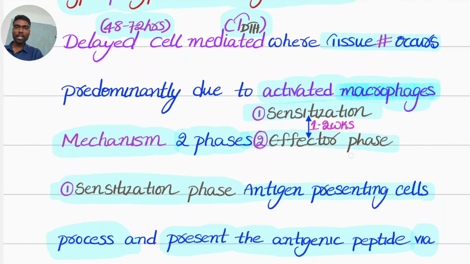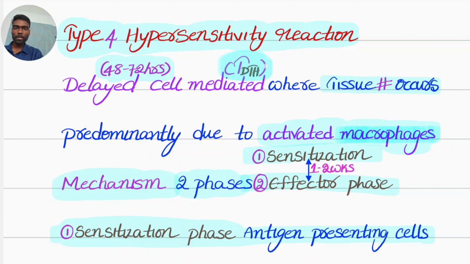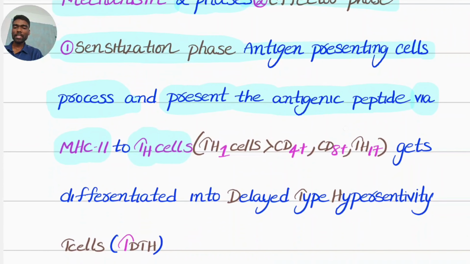This delayed type T helper cell will be derived from activated T helper 1 cells, mainly the majority, and also CD4 plus cells, CD8 plus cells, and T helper 17 cells. These also can be converted to delayed type hypersensitivity T cell, but the majority is from type 1 helper cell.